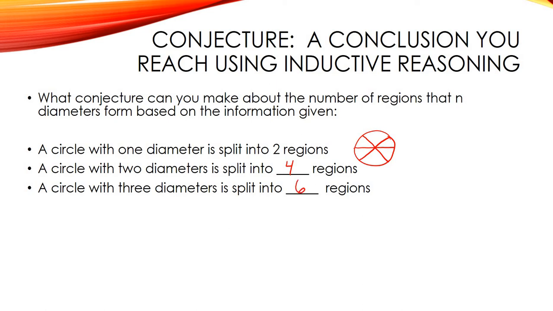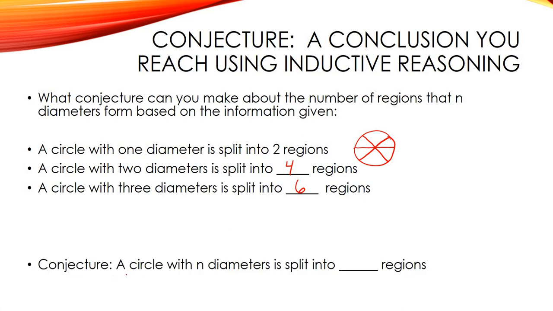So hopefully we're seeing a pattern develop here and we can make a conjecture. A circle with n diameters, any certain number of diameters, would be split into how many regions? Hopefully you see that that's 2 times n. So a conjecture is something that we think is true based on our inductive reasoning of a certain pattern.